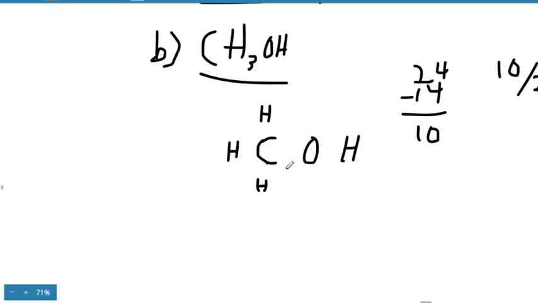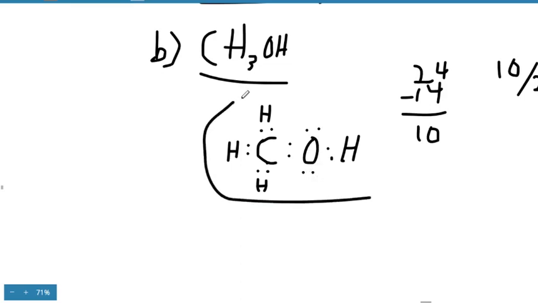And this makes it easy because there are 5 spaces in between the elements. 1, 2, 3, 4, and 5. So there are no double bonds in this compound. And since we used 10 electrons, we have 4 left because we had 14 electrons. And the oxygen only has 4 electrons currently, so we should add 2 more. And that's our final structure.